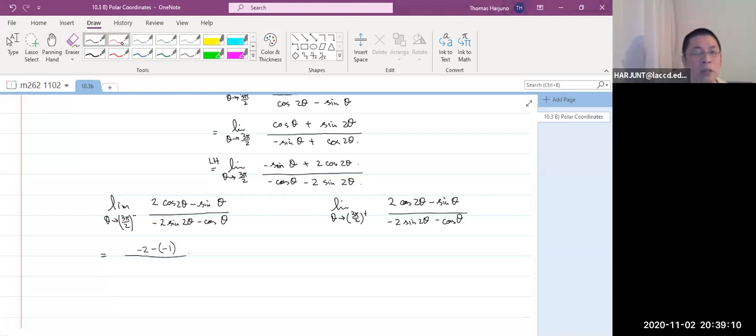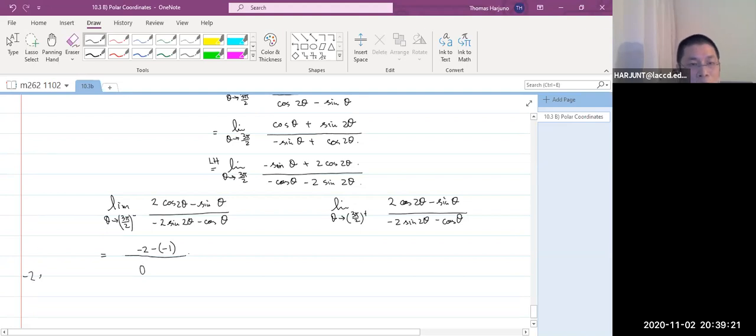But the denominator is the crucial one. I think this will give us 0, but from the positive side. Is it negative 2 sine 3 pi from the left hand side, slightly more than 3 pi? That's positive. So that's negative 2, that's negative here. Minus, how about cosine 3 pi over 2 from the negative side?